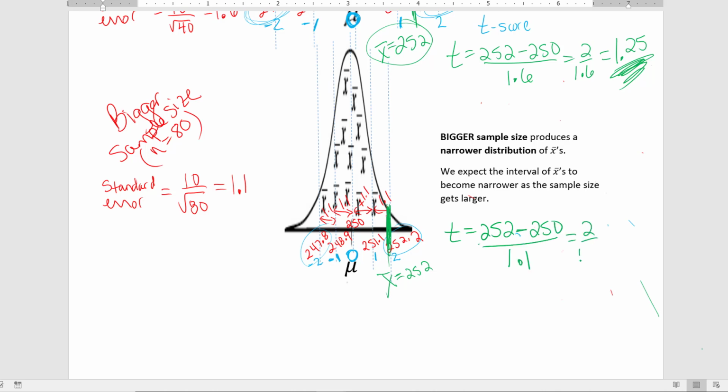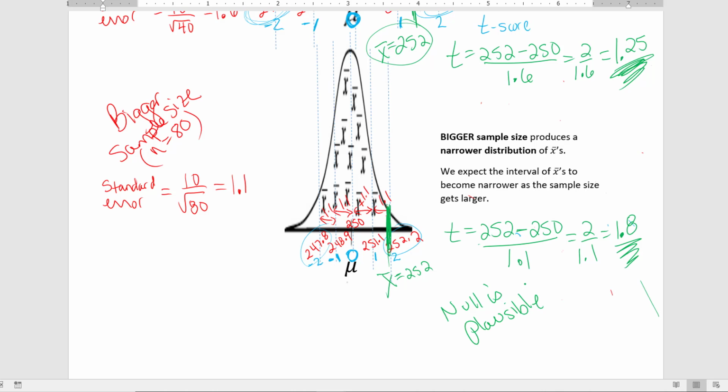When you do the calculation this time, you see that the t-score is 1.8, very close to 2. However, it is still in the realm of normal, usual, and expected sorts of statistics to get. It's not equal to 2 or more than 2 yet, so I still would say that the null hypothesis is plausible. I still would conclude that it's plausible that the true value of mu is 250.